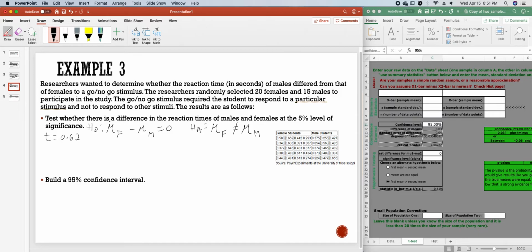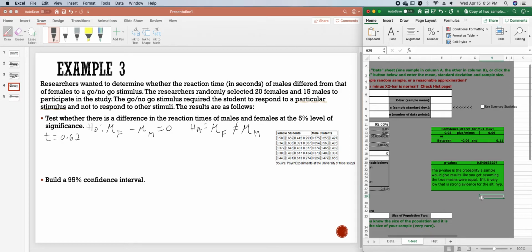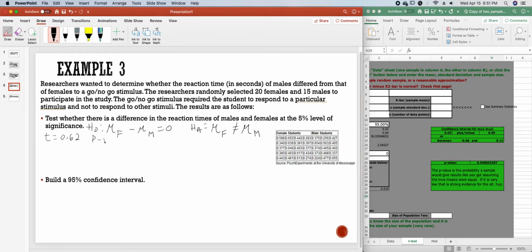And the p-value for this, since we want this to be a not equal to relationship, the p-value is 0.5406. So 0.5406 for that p-value.